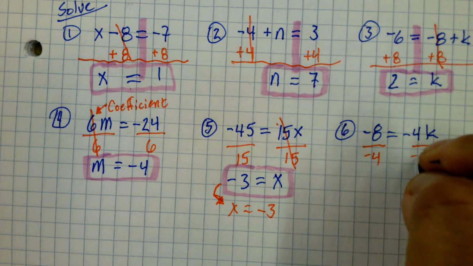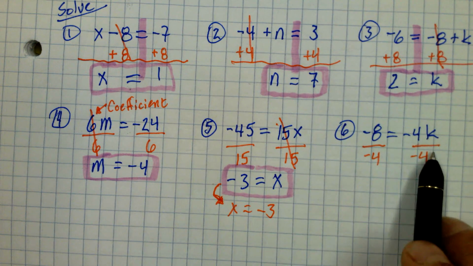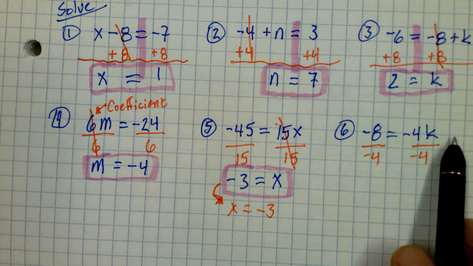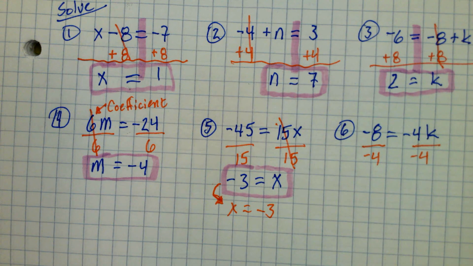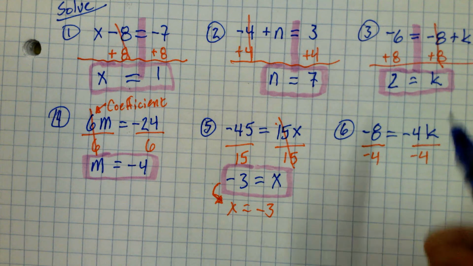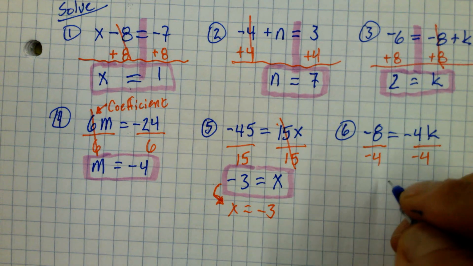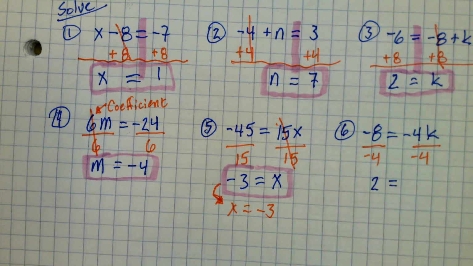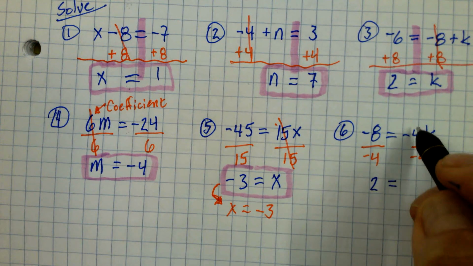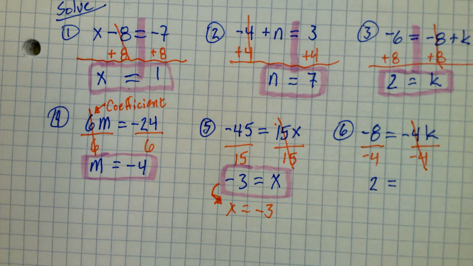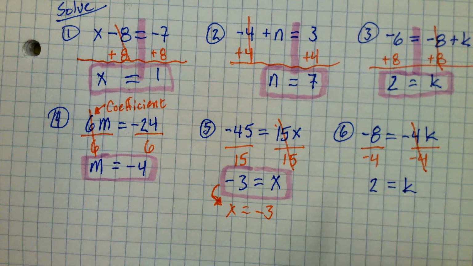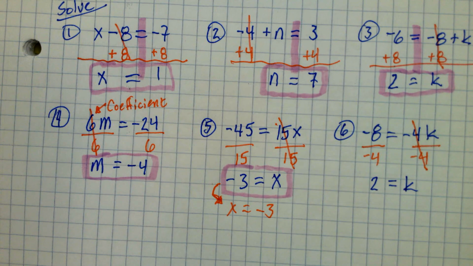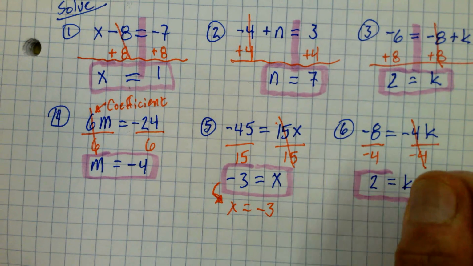It's always the number that's on the same side as the variable. And since it's multiplying, we do the opposite, divide. So what's negative 8 divided by negative 4? 2. Equals, well, they're identical. We're dividing, so they make a 1. 1k equals k. So our answer is positive 2.